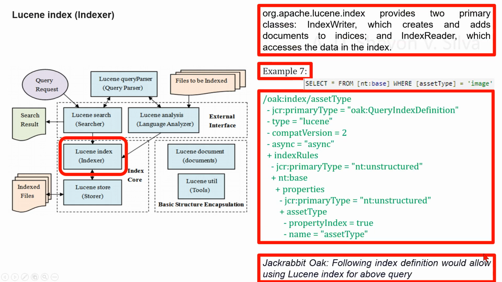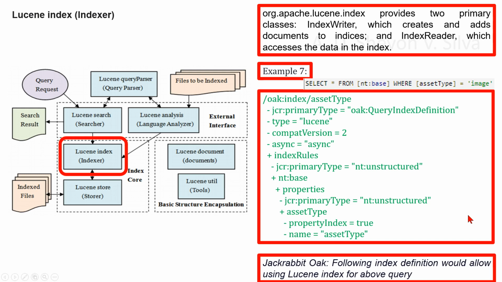As an example 7, we can consider this one. This is from Oak docs. The following index definition would allow using the Lucene index for this query. Oak supports Lucene based indices to support both property constraint and full text constraint.